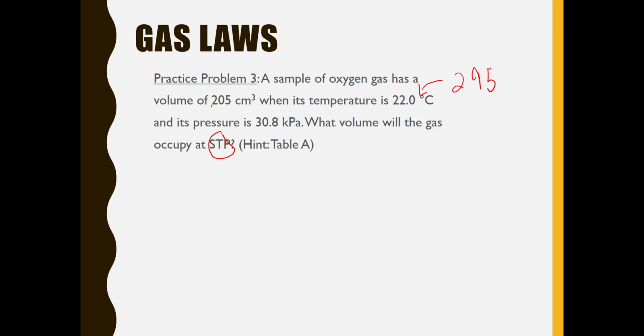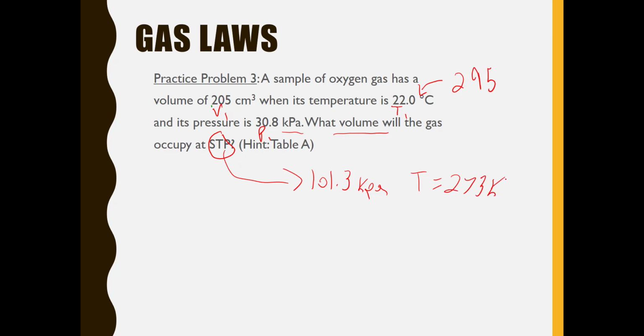So we know our V1, we know our T1, we know our P1, and now we're going to look for our P2, V2, and T2. Well, the nice part about this is we're looking for our volume at STP, in kilopascals. We know STP is 101.3 kilopascals. We know the temperature is 273 Kelvin.